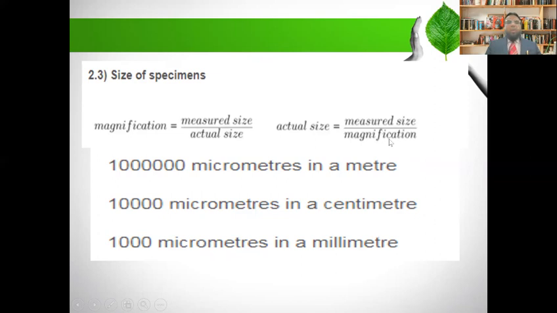And there is also the relationship between length in micrometers and meters. 1 lakh micrometers is in the meter, 10,000 micrometers in a centimeter, and 1,000 micrometers in a millimeter.